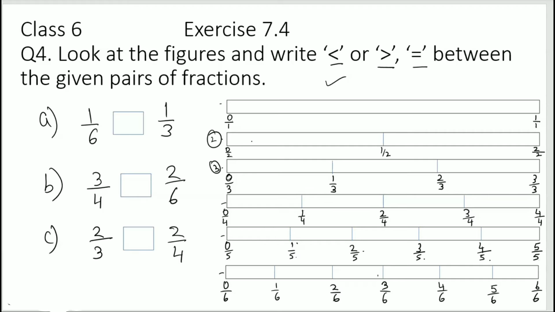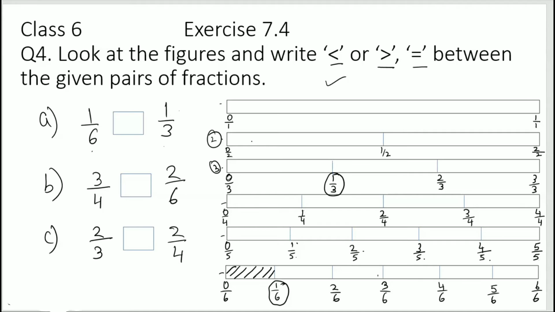The first question is 1 by 6 and 1 by 3. We need to compare these fractions, 1 by 6 and 1 by 3. So first locate the fractions. 1 by 6 is here and 1 by 3 is here. So 1 by 6 means one part out of 6. That means this part here.